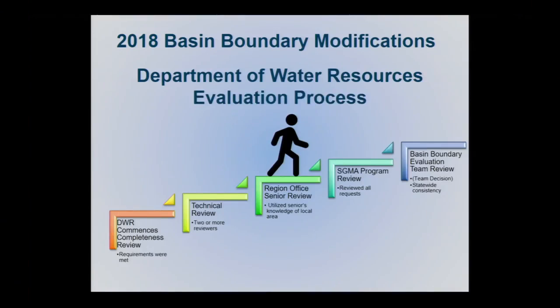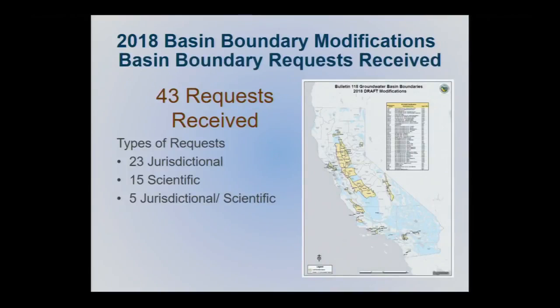And once all those were complete, a presentation with a team meeting would review each modification and come up with a team or unified decision on that. And that would help with statewide consistency as well. A map showing 2018 draft modifications.